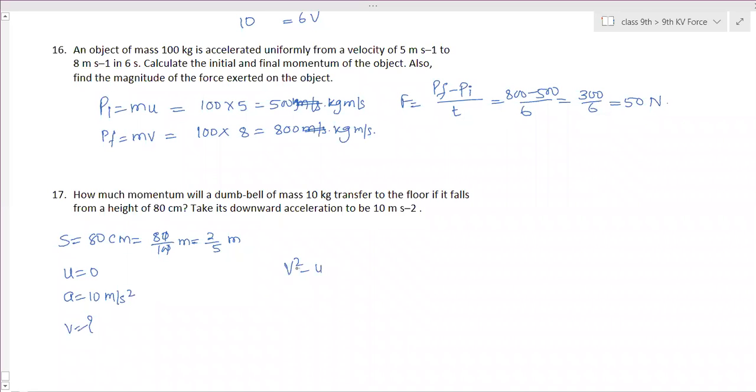So v square is equal to u square plus 2as. V square is equal to 0 plus 2 into 10 into 2 by 5.